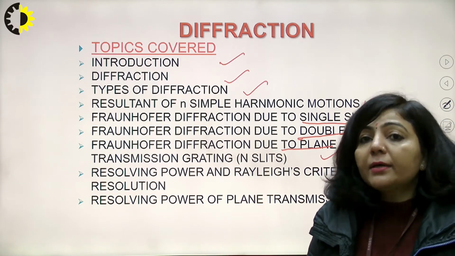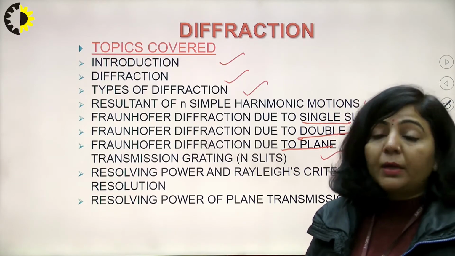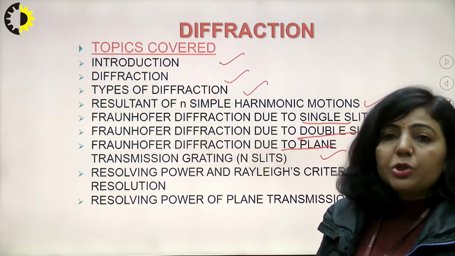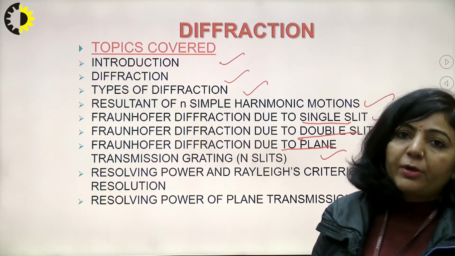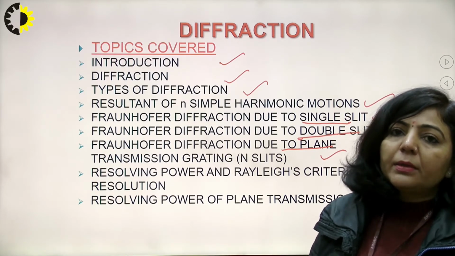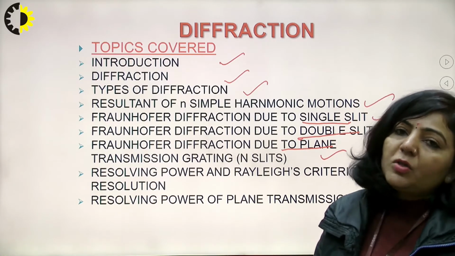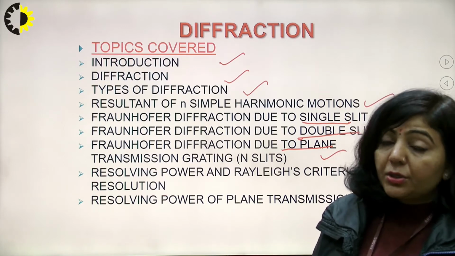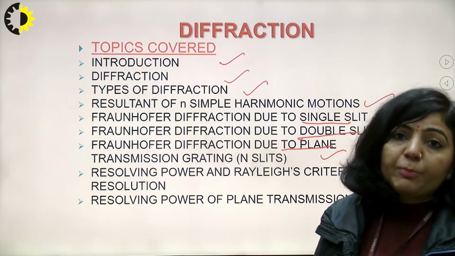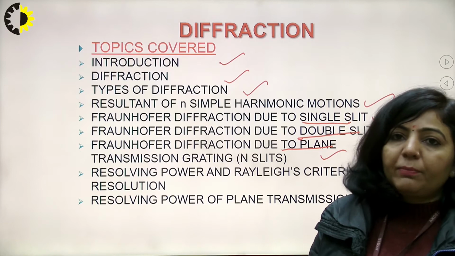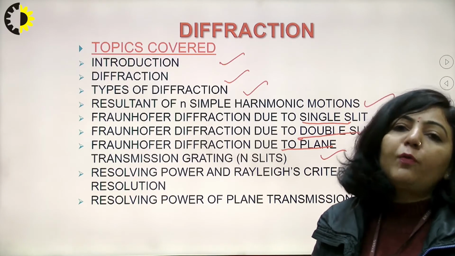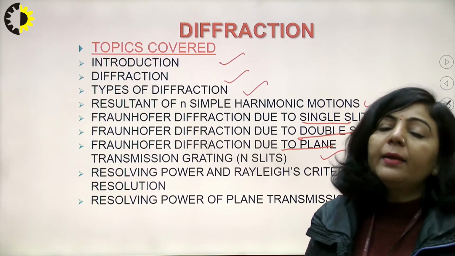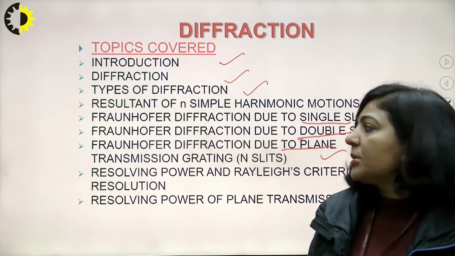So what is the condition through which you can decide which order is missing from a spectrum? As you have seen, the missing order depends purely on the dimension of the slit you are using, known as the grating element, and its relationship with the wavelength of the light source. That decides the missing order and the maximum possible order.